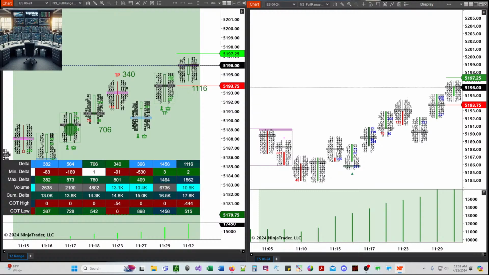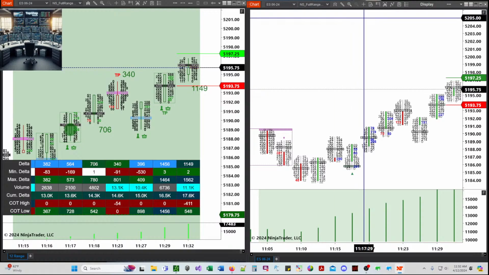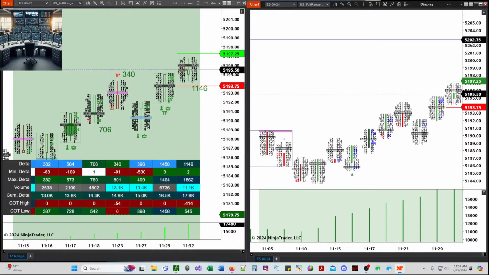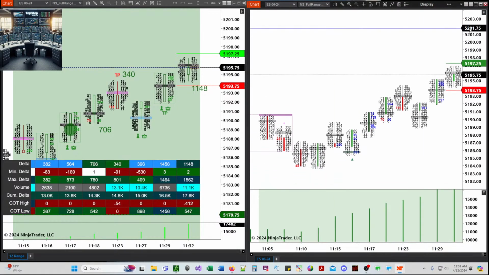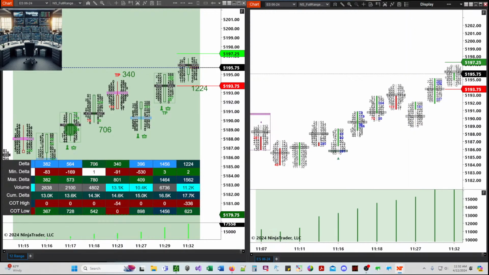Definitely got plenty of trades to the long side though. Cume is plus 17,000. Dow cash is down 319. Confusing day today. Confusing day today.